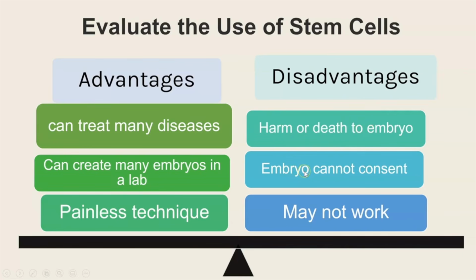The embryo can't give consent, and also it might not even work. Stem cells have this property of replicating rapidly, so sometimes even when the stem cells are put into the patient, they can replicate so much that they form a tumour. So embryonic stem cells is not a perfect science at all, and you need to be aware of the pros and the cons of potentially using stem cells.